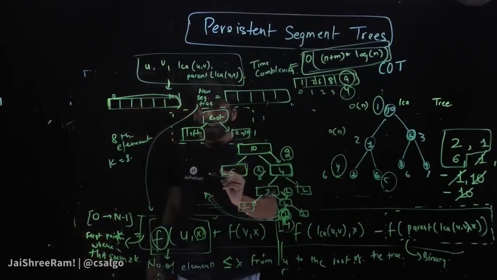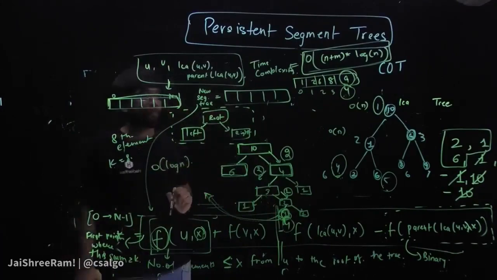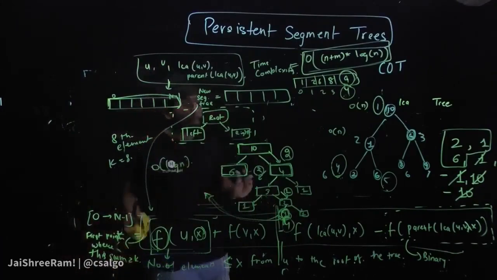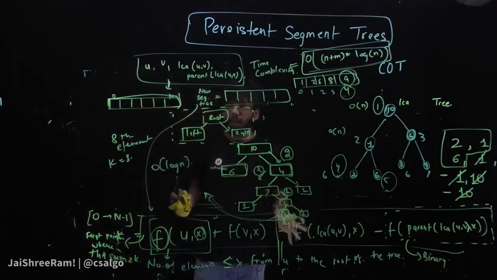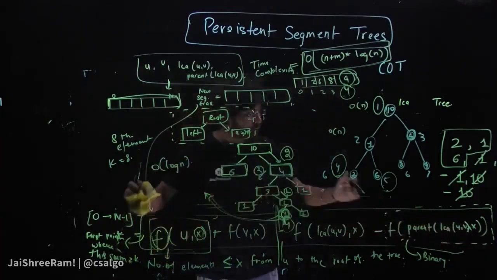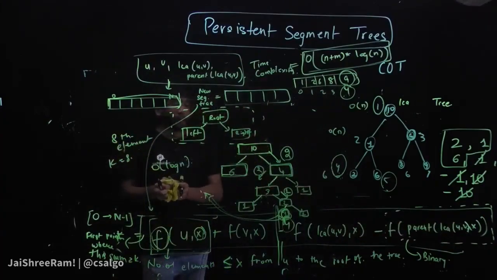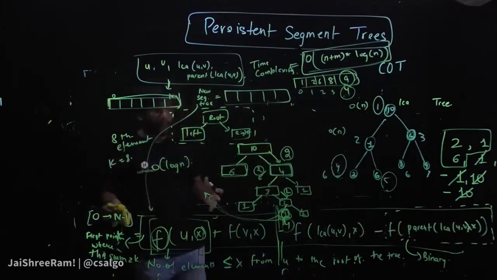So the complexity stays order of log n. The main thing, the gist, is that you realize that these 4 segment tree summations would give me a new segment tree, and that would make things very clear for you.